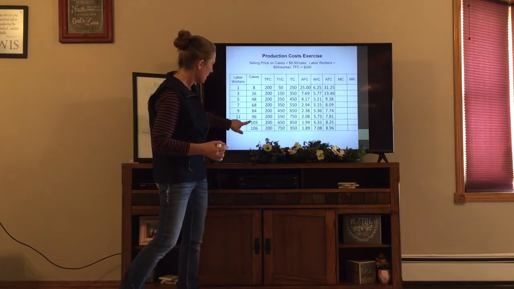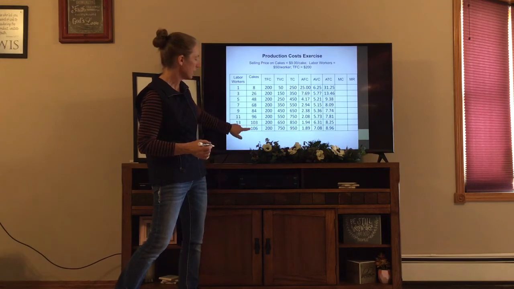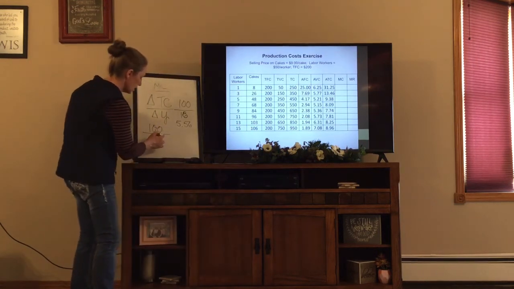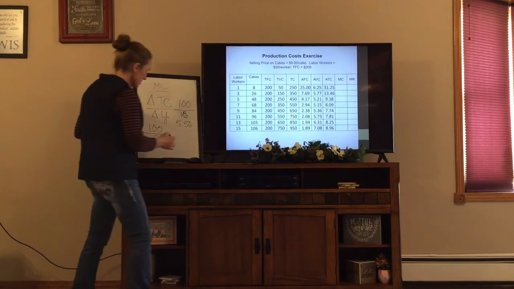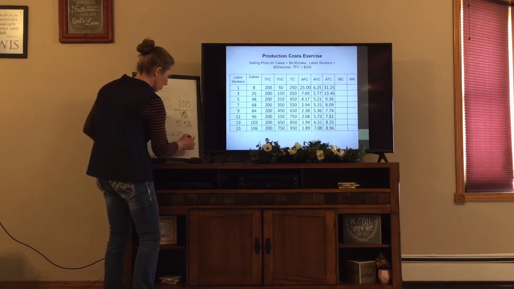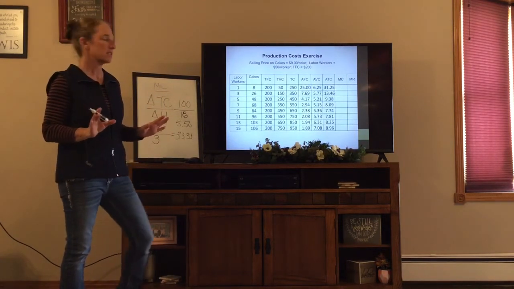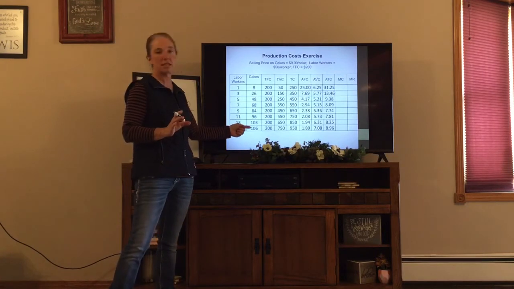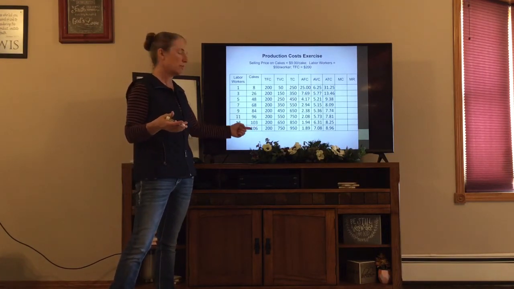But my cakes have increased from 103 cakes to 106 cakes. So I have a change in cakes of 3. So that's a completely different story. My marginal cost is now $33.33. It's super expensive. In other words, that's so expensive that the likelihood that I want to produce that many cakes is not very high. I've added a lot to costs to be able to produce that much, okay?